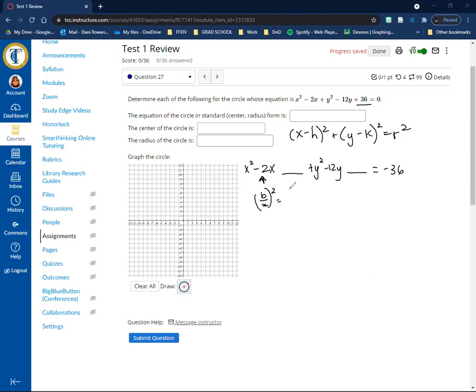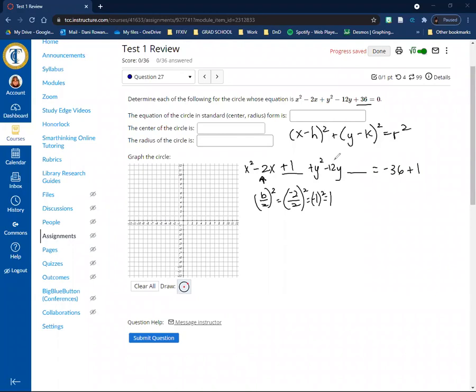So negative 2 divided by 2 is what? Negative 1. And what's negative 1 squared? 1. So we're going to add 1, and if we add 1 to this side, we add 1 to that side. Okay.